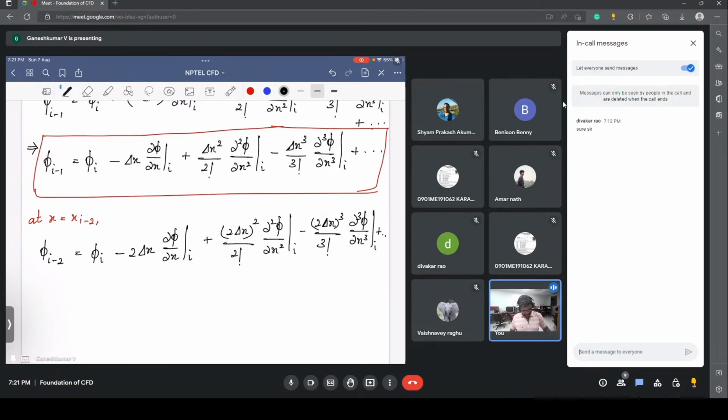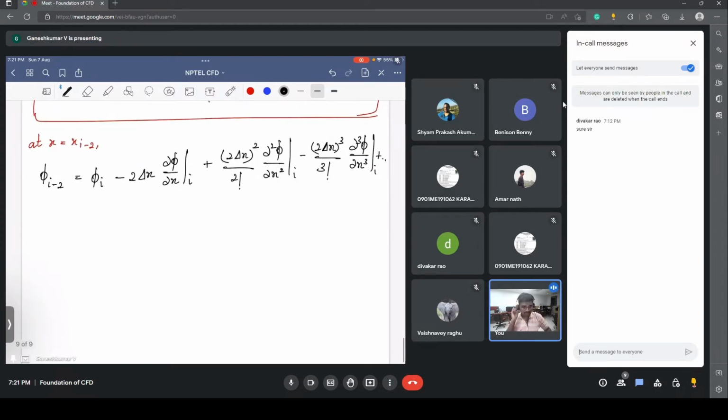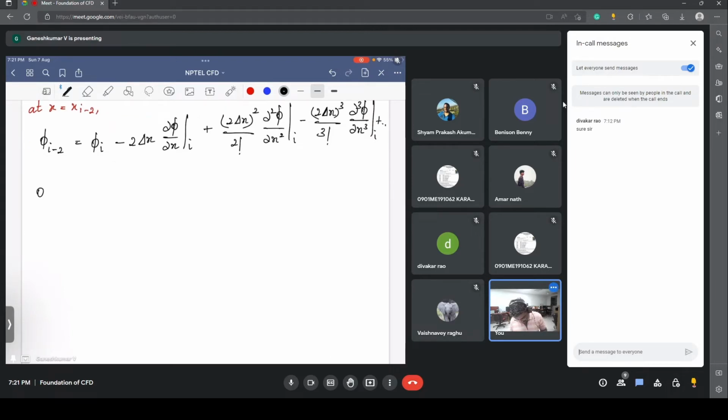So this is for I minus 2. Let us simplify this also a little bit, which would be easier for calculations.